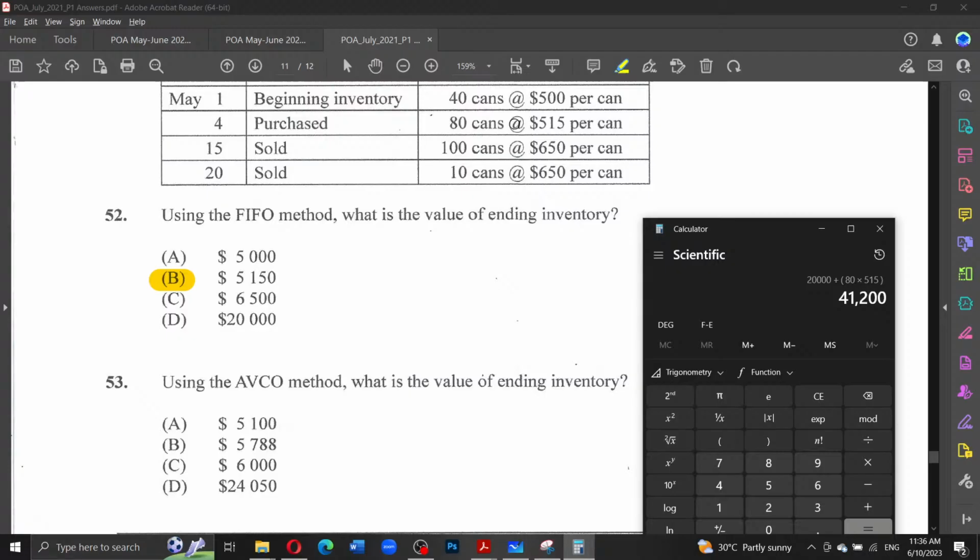You have 40 cans at $500, and then you have 80 cans, $20,000 plus 80 cans at 515.